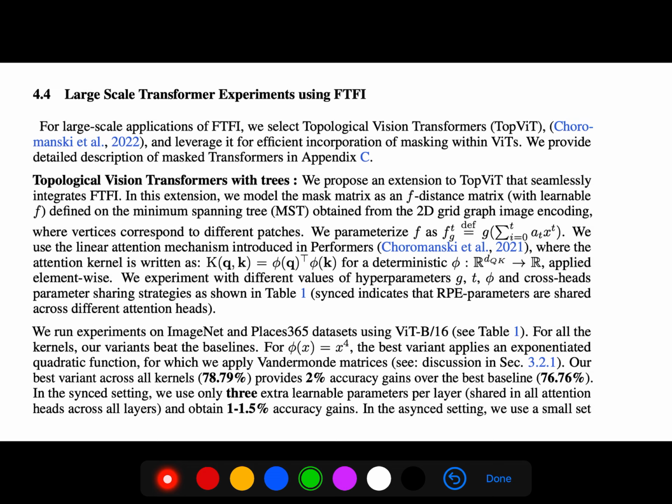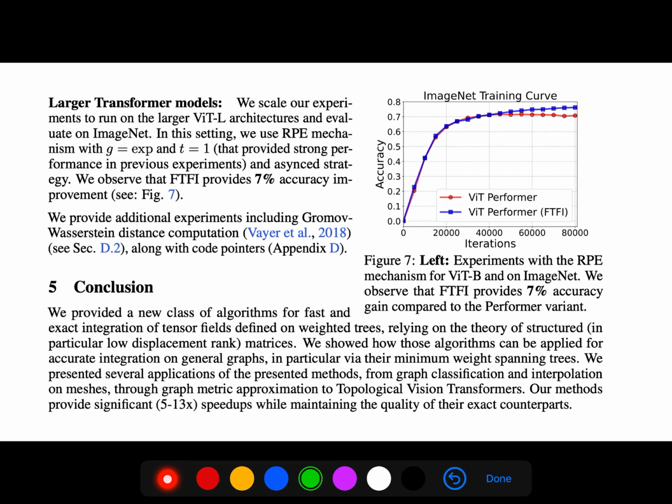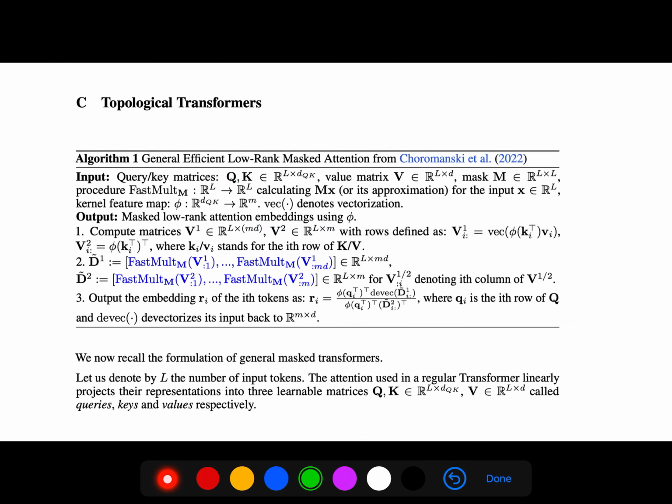Then we propose an extension to Top-ViT that seamlessly integrates FTFI. We scale our experiments to run on the larger ViT-L architecture and evaluate on ImageNet. So the output of this algorithm is the masked low-rank attention embedding using phi.